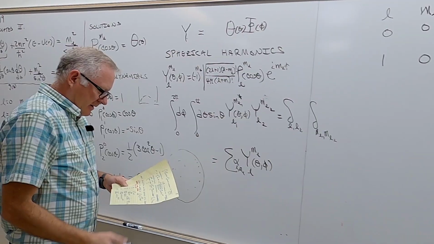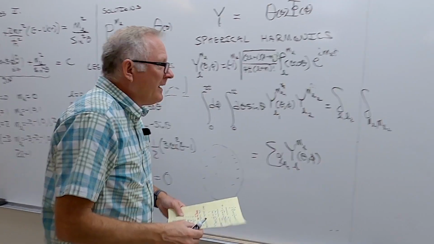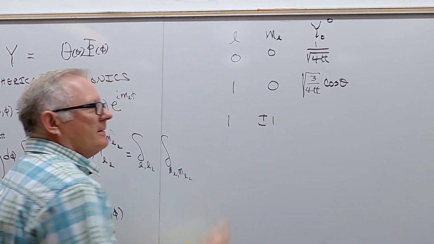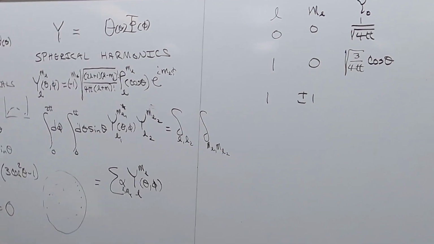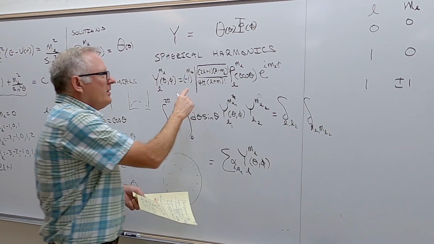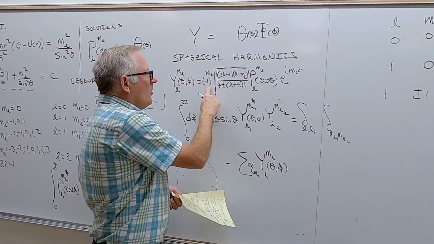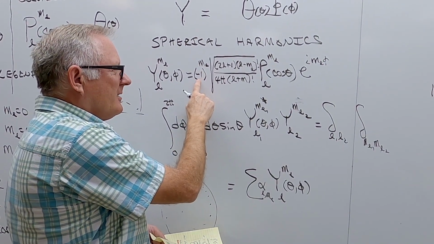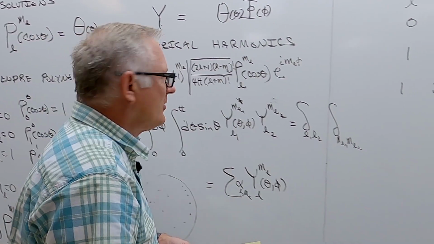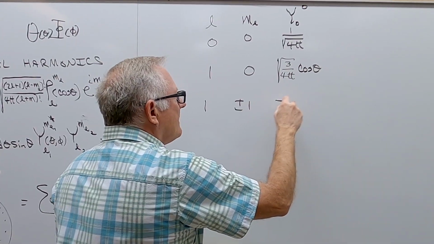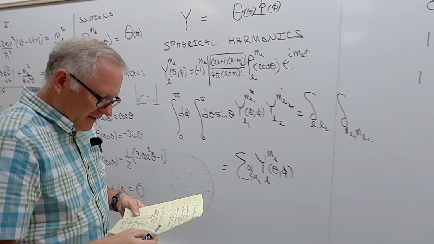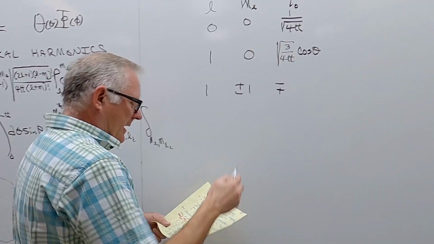Okay, and how about if we look at, say, 1 plus or minus 1 right here. If it's plus or minus 1, you'll notice this right here. When this is a plus 1, this becomes minus 1 because minus 1 to the 1 is minus 1. So this would become minus plus. And then we get the square root, that's going to end up being 3 over 8 pi.